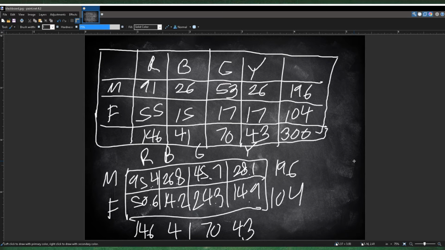So you have 53 minus 45.7 squared, divided by 45.7, plus a 26 minus a 28.1 squared, divided by 28.1, plus a 55 minus a 50.6 squared, divided by 50.6, plus a 15 minus a 14.2 squared, divided by 14.2, 17 minus a 24.3 squared, divided by 24.3, plus a 17 minus a 14.9 squared, divided by 14.9. And then you basically get the number.